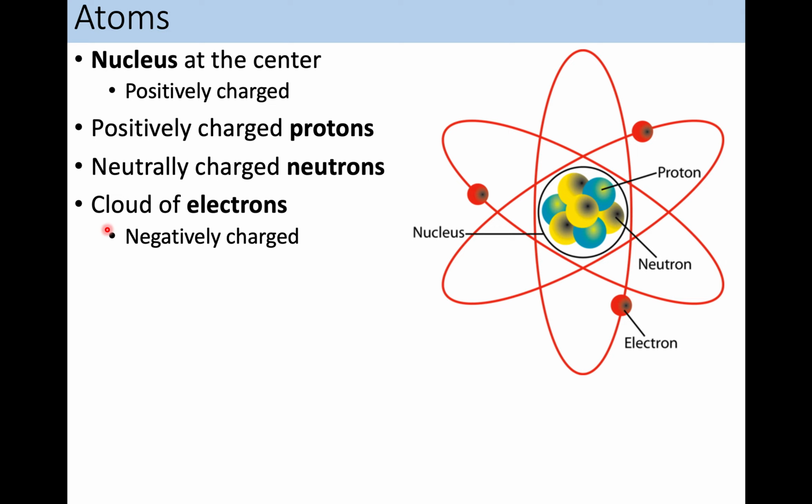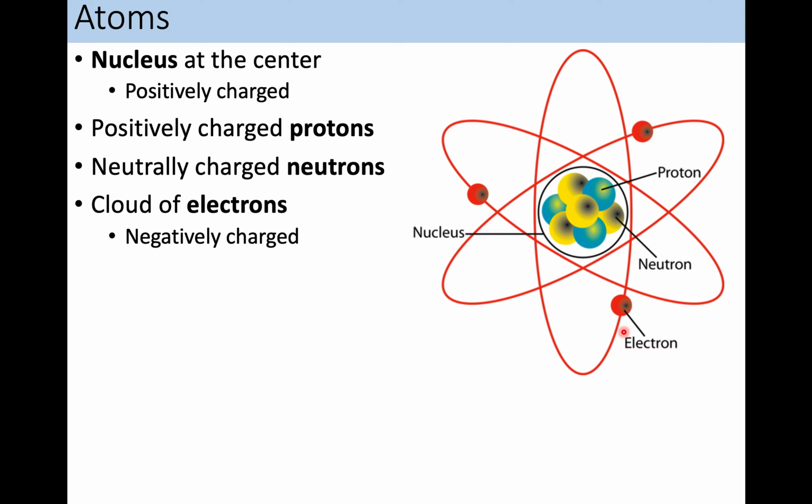So let's take a step back to the most introductory chemistry that we're going to go over and think about atoms. Everything is made up of atoms, and atoms are made up of a nucleus. The nucleus is in the center of the atom, and it is made up of protons, which in this diagram are blue and positively charged, and neutrons that have a neutral charge.